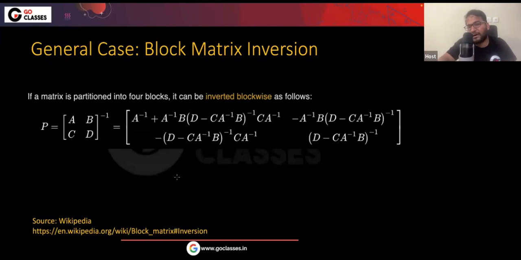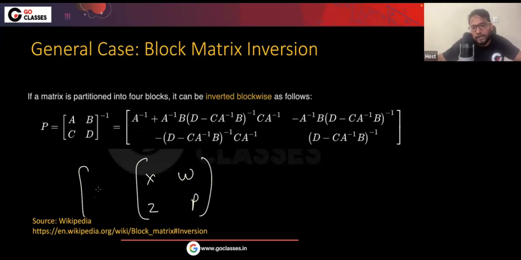Why I said fortunately and unfortunately: unfortunately, the calculation is bigger. How to calculate? You need to multiply some random matrix and make it identity, and then find the values of, for example, X, Y, Z, P, whatever, right? You need to multiply with this A, B, C, D and find the values of X, Y, Z, P. If you do that, the calculation is very, very big, and X comes out to be something like this, right?